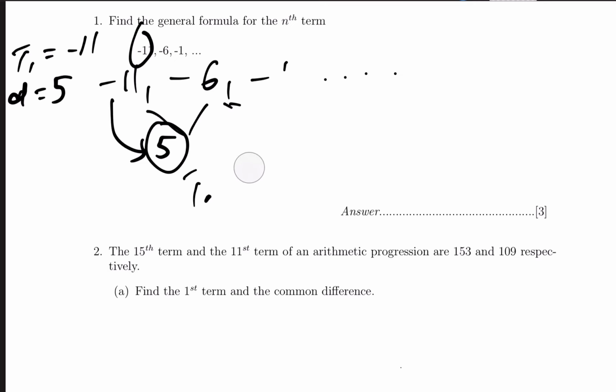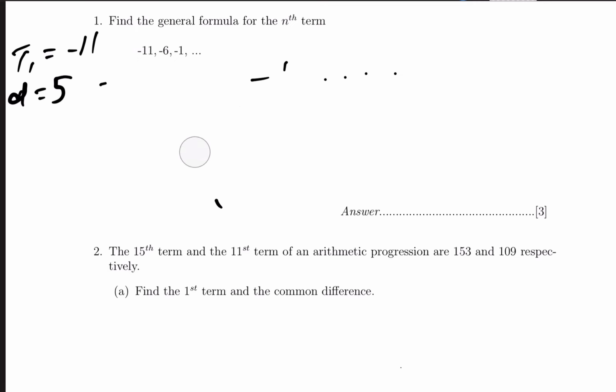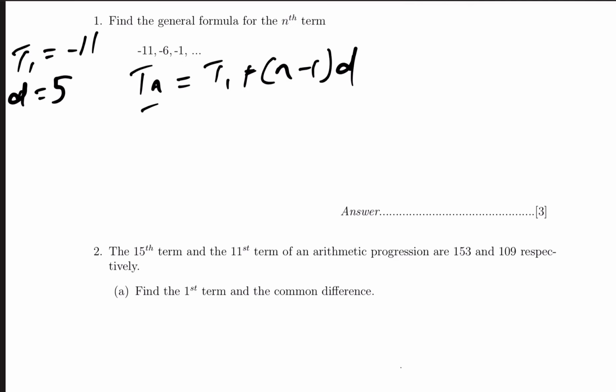Now it's a matter of substitution into our formula. Tn is equal to T1 plus (n minus 1)d. Tn is equal to, T1 is the first term, which is negative 11, plus (n minus 1). d is the common difference, which is 5.